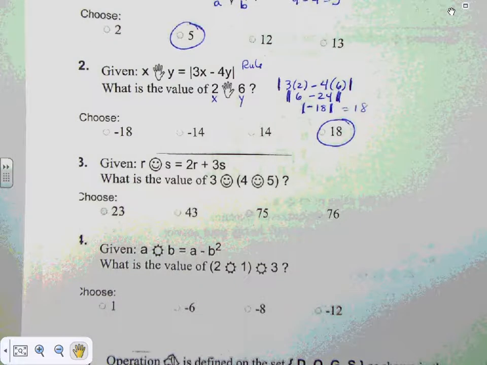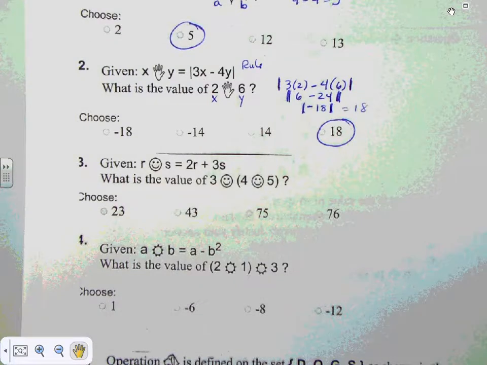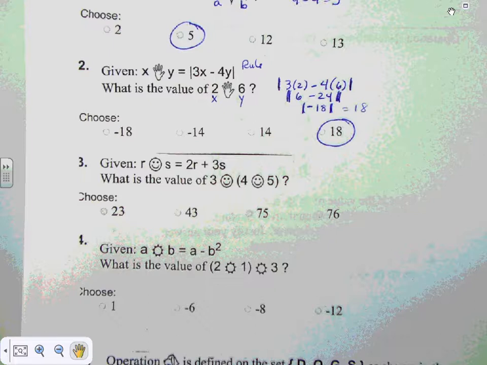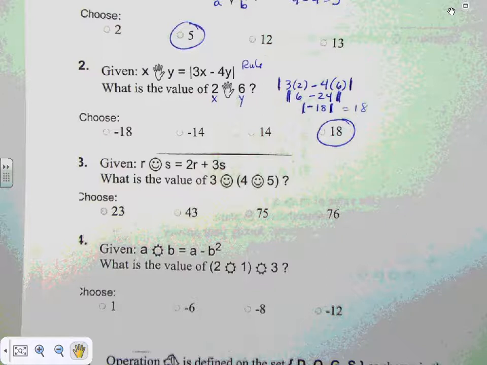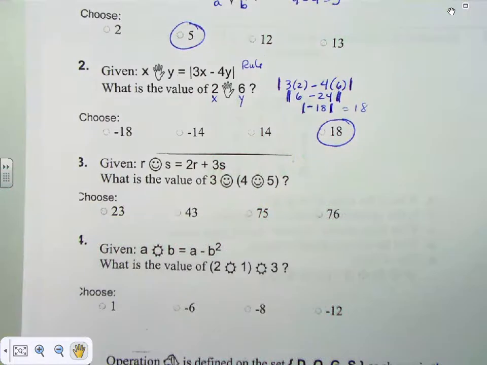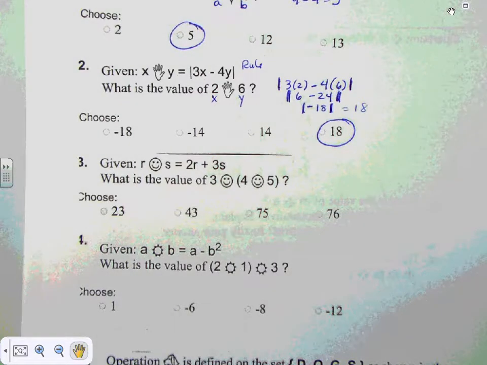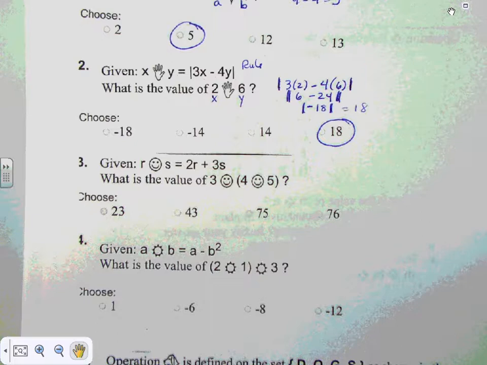Once you finish the math, yes, your final answer will be positive, but you don't change it in the middle of working it. You wait till the end, okay? Your final answer in an absolute value is always a positive value, okay?